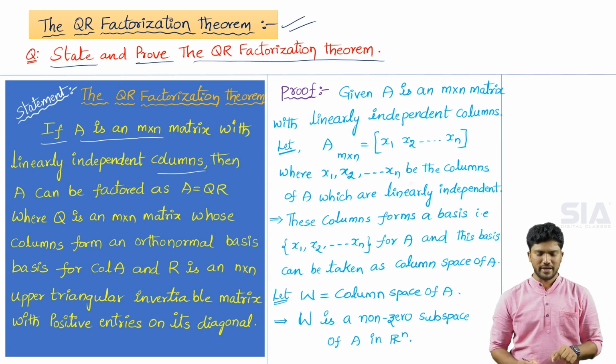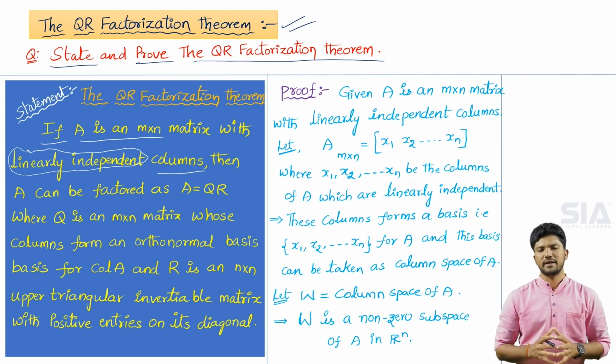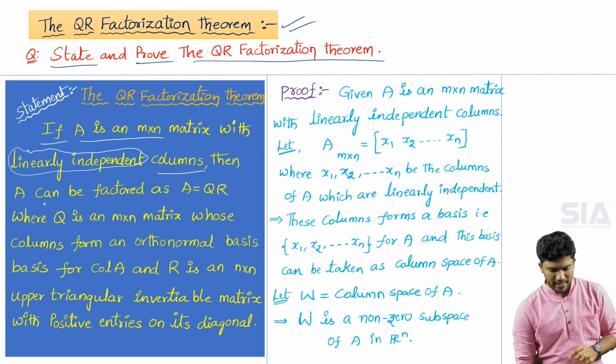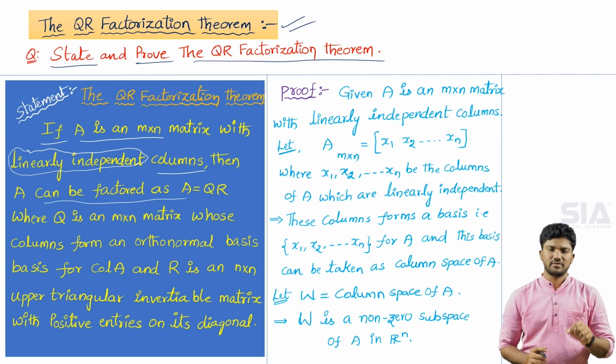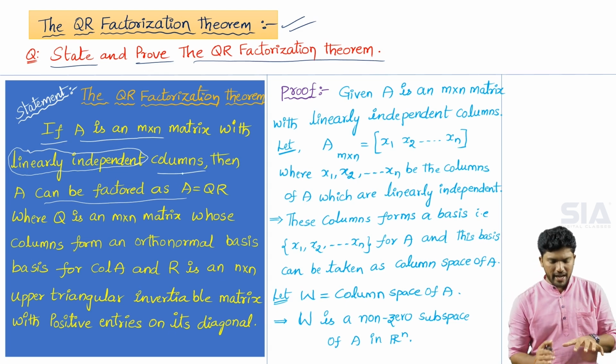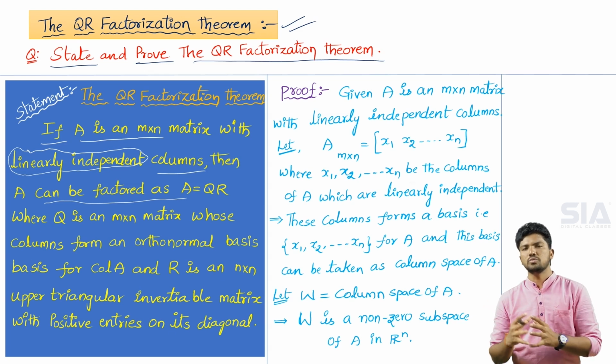Clearly we are mentioning that the columns of capital A are linearly independent. Then capital A can be factored. Factored means we can write it as the product of two other matrices.